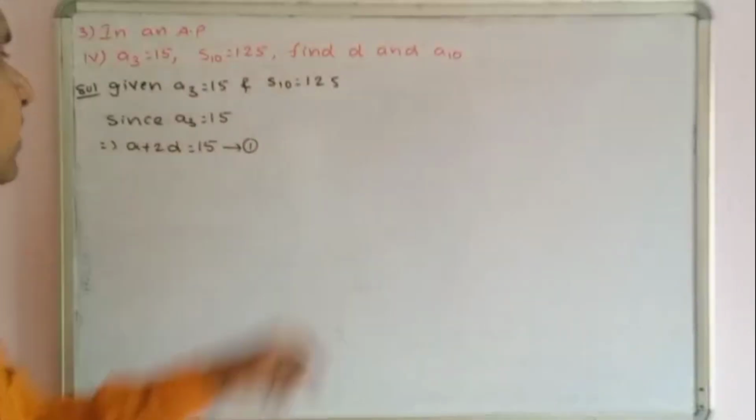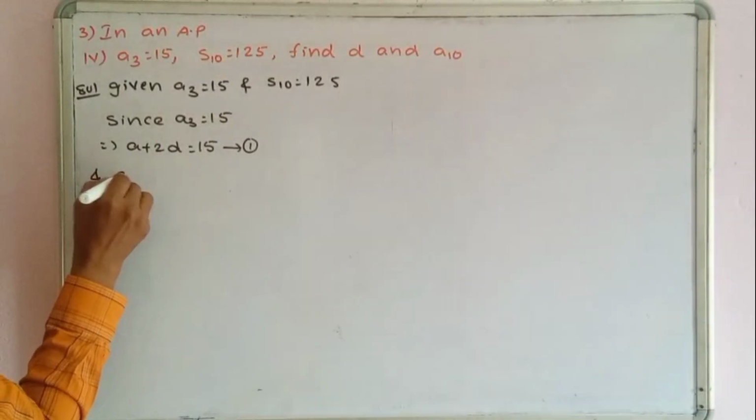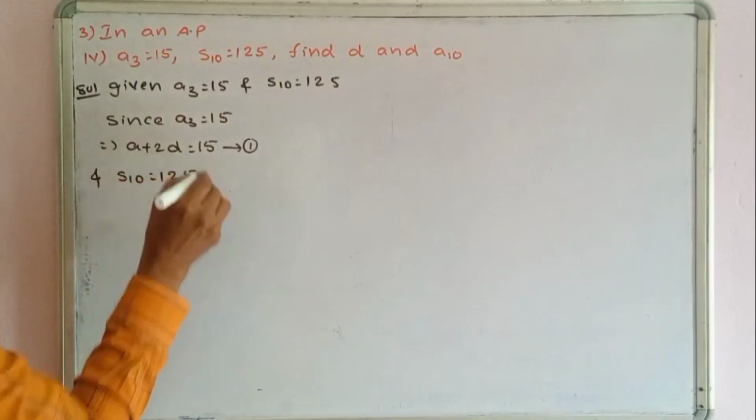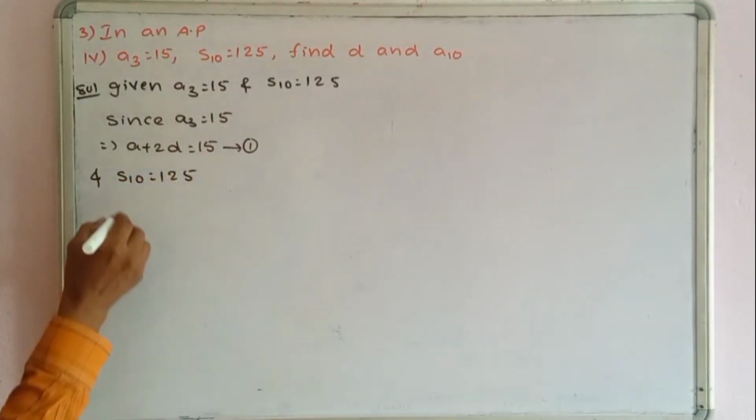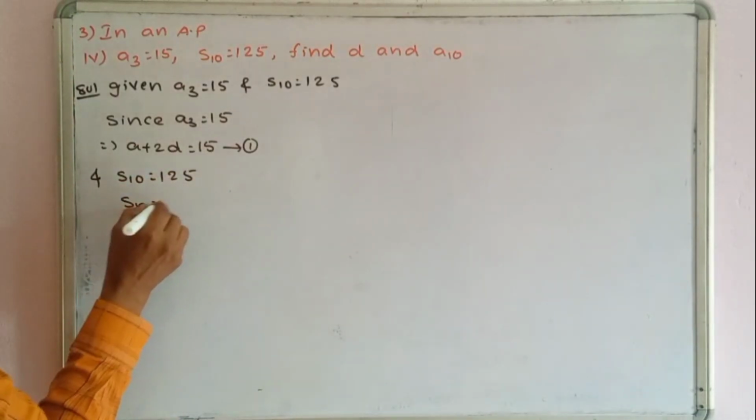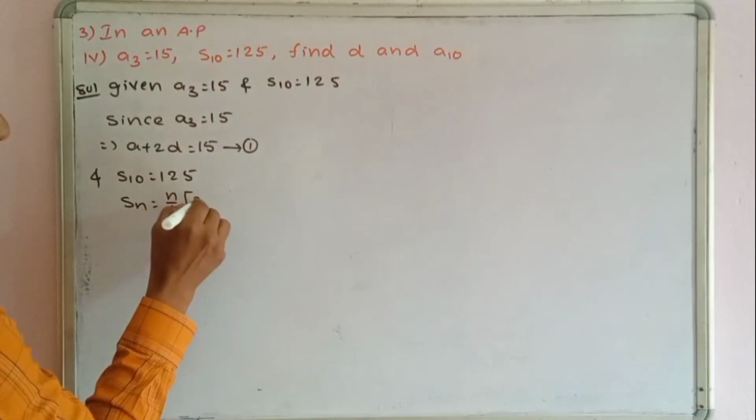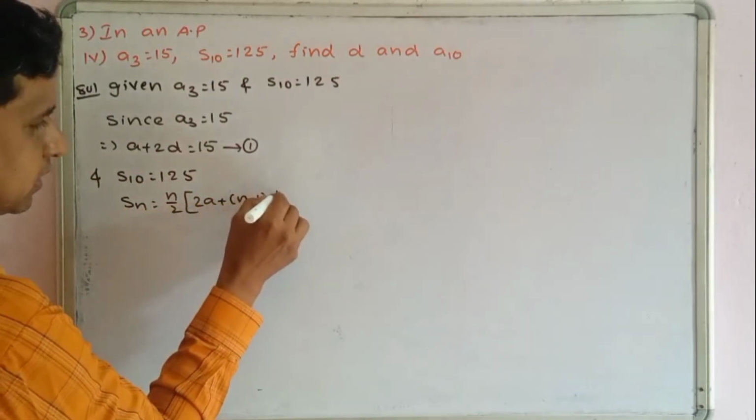Also S10 is given, that is 125. What is the S10 formula? S10 formula is n by 2 into (2A plus (n minus 1) into D).